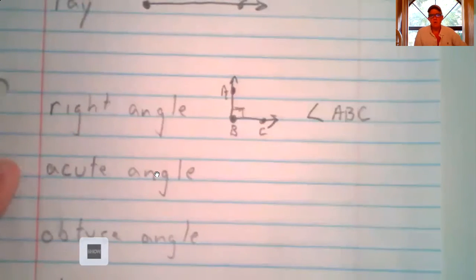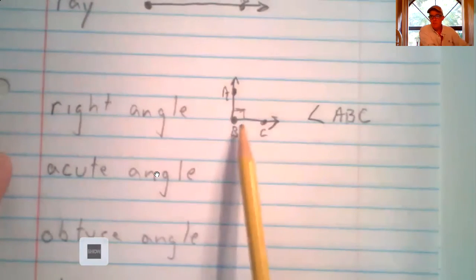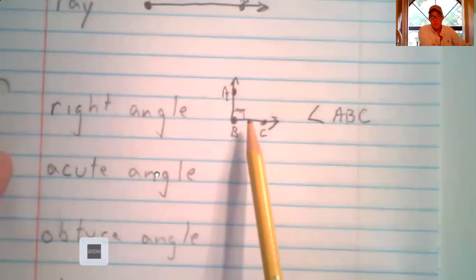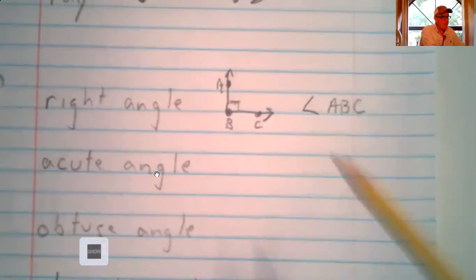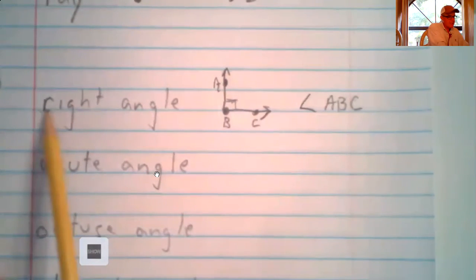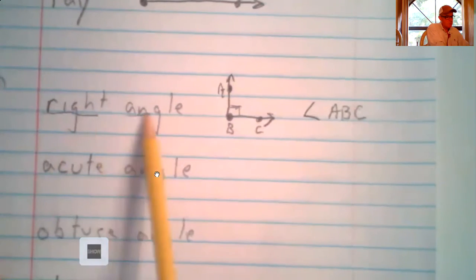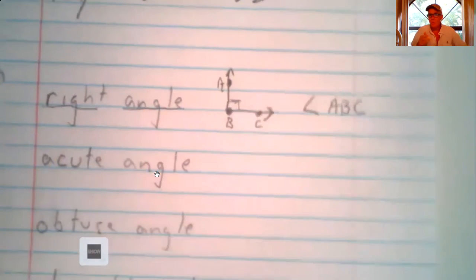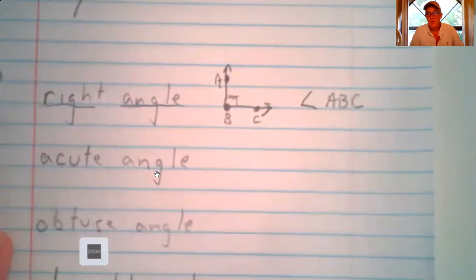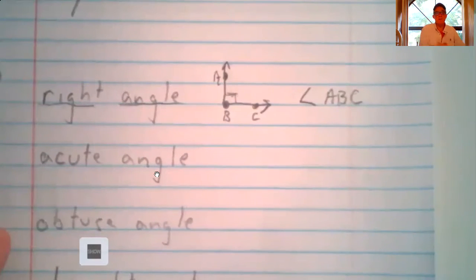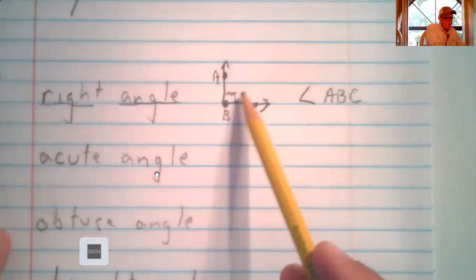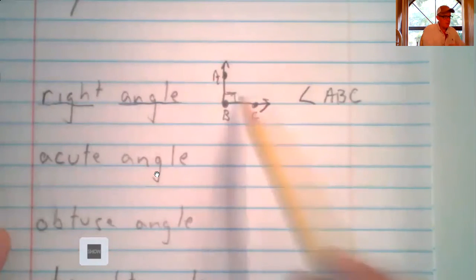The author will show you this in some of the examples in the book, or maybe online, and that's telling you, hey, this is a right angle. So this is right angle ABC. It forms some type of L, upside down L, regular L, backwards L, but some form of L where you can make a square right here.